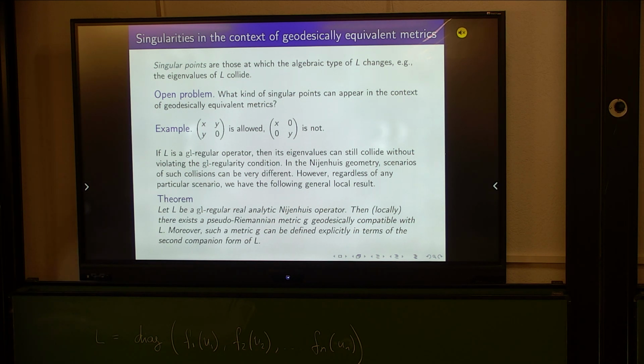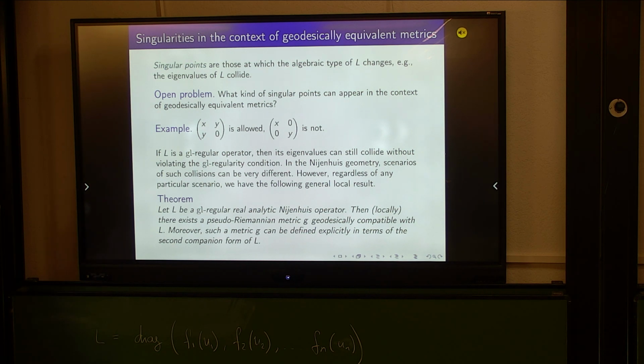In this context, GL regular Nijenhuis operators are absolutely perfect. It doesn't matter what kind of singular points, how singular these operators are, all of them are admissible. So each GL regular operator admits a geodesically compatible partner, which was a very surprising result.